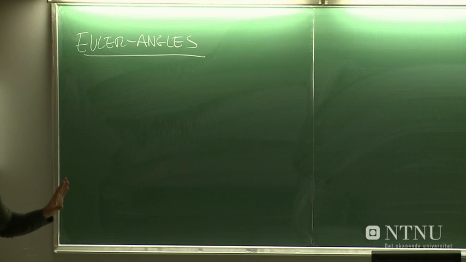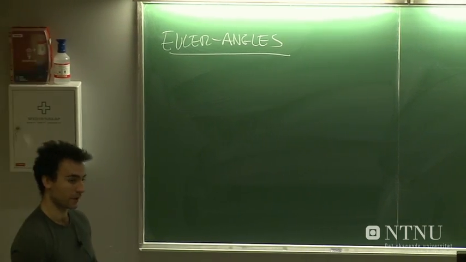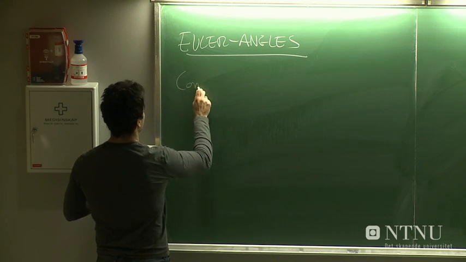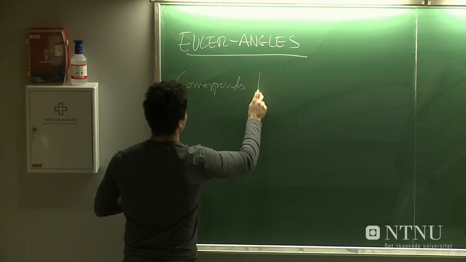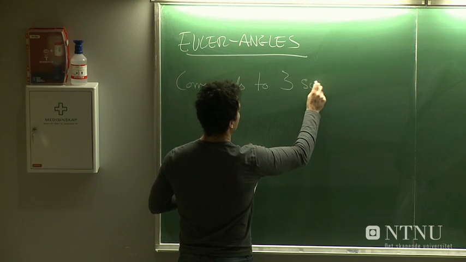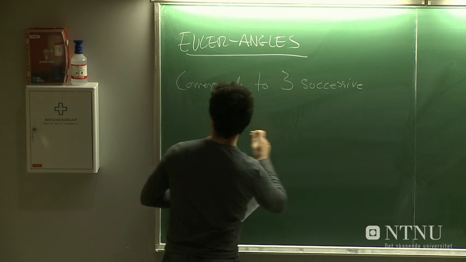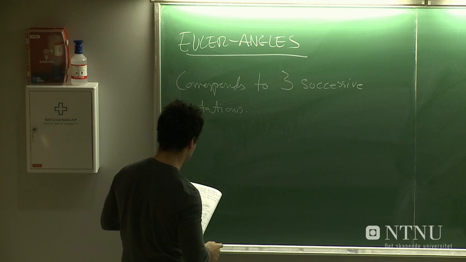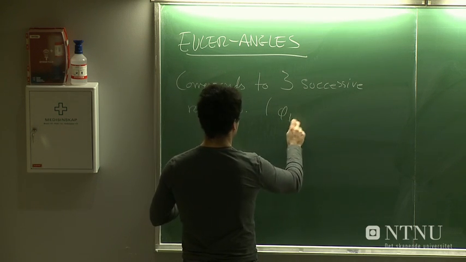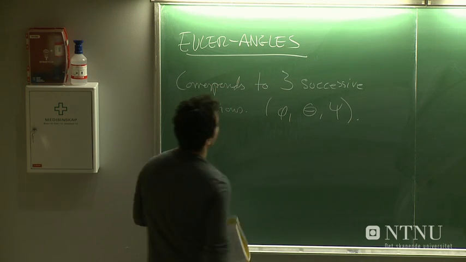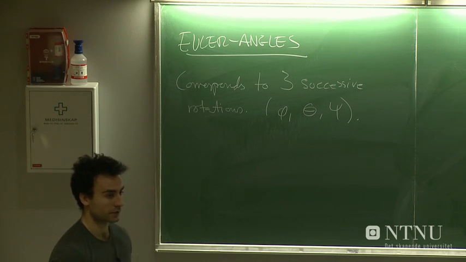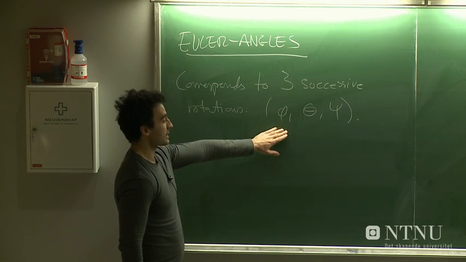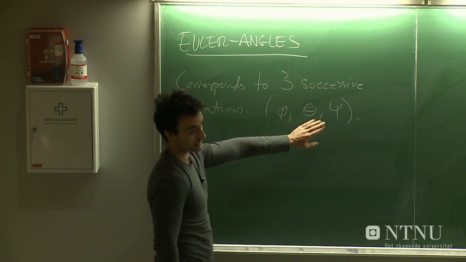And we have to introduce these angles in such a way that the determinant is equal to plus 1. So what we'll do, sort of our strategy for describing a completely general rotation in 3 dimensions, is to basically do 3 successive rotations with an angle phi, theta, and psi.